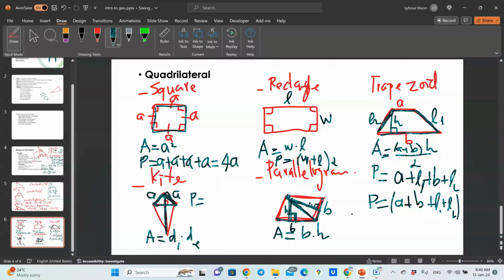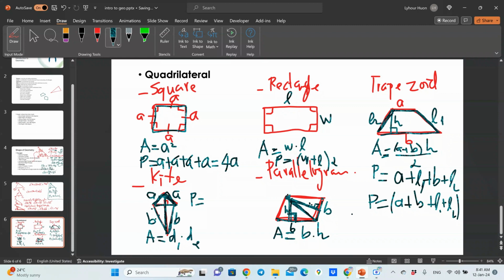The adjacent sides are equal. How about these adjacent sides? They're also the same. But is this equal to this? No. So let's denote it as b. So this is b.